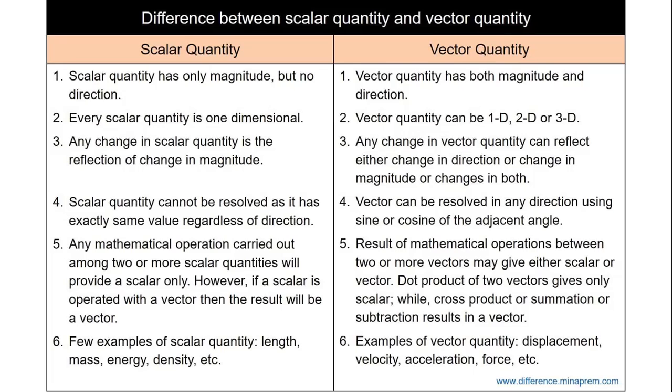All right? Now, every scalar quantity is one-dimensional, while a vector quantity can be either one-dimensional, two-dimensional, or three-dimensional. Number three, any change in a scalar quantity is a reflection of change in magnitude. So only size changes in your scalar quantities, while any change in your vector quantity can reflect either a change in the direction or a change in magnitude or changes in both.